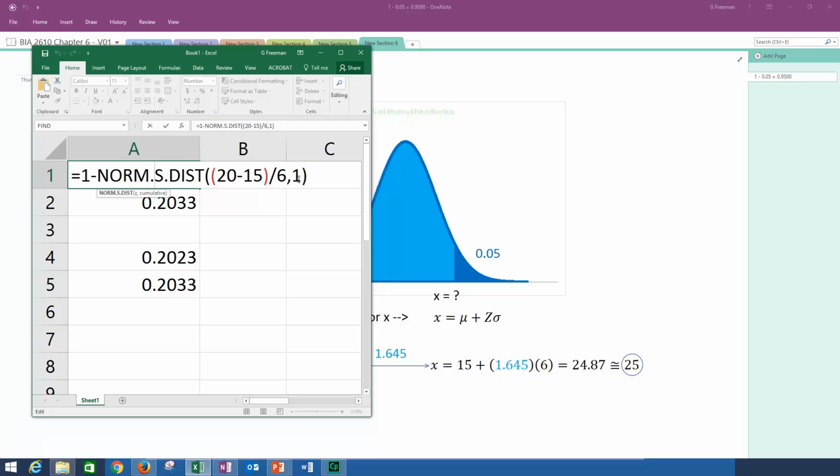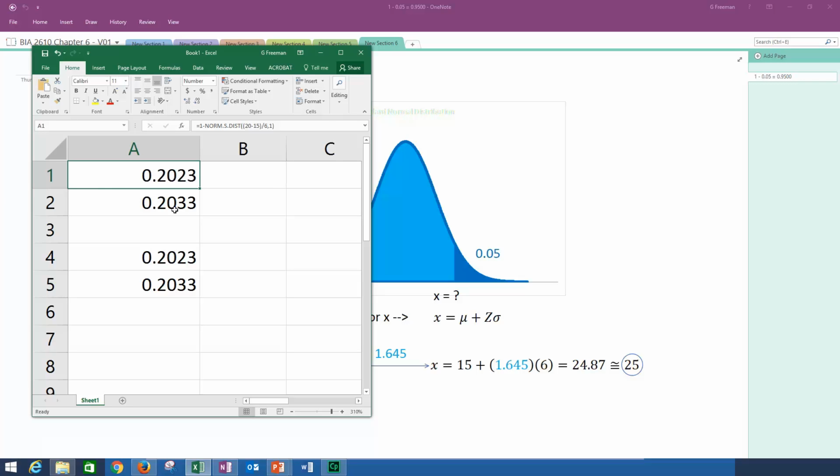You can type in true or false, but 1 is shorter to type than true. We figure out what that Z value is, and this was our 0.83, except when you do the calculation, you're going to get 0.833333 forever.